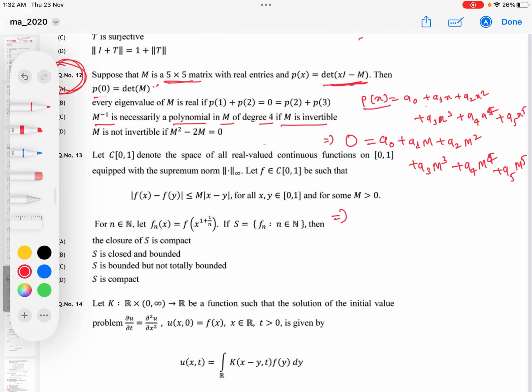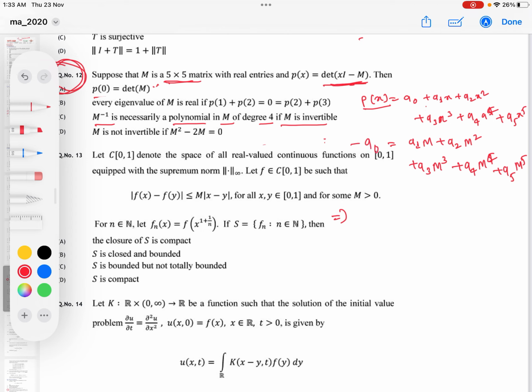Now if we multiply M, we can simply put this on the left hand side, so it will be minus a naught.